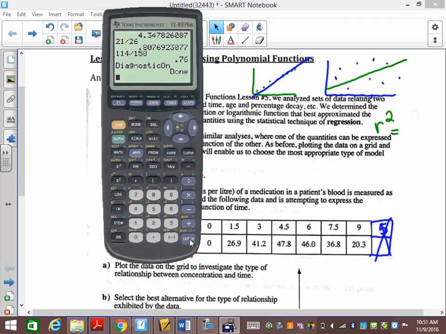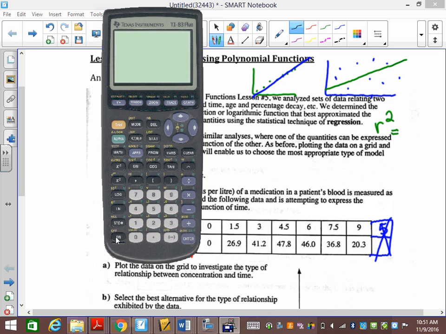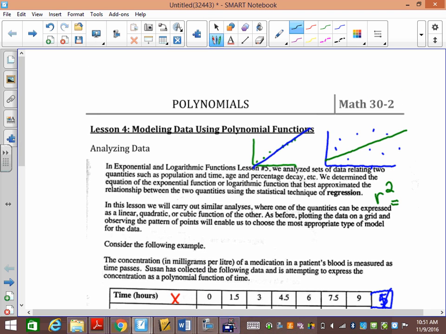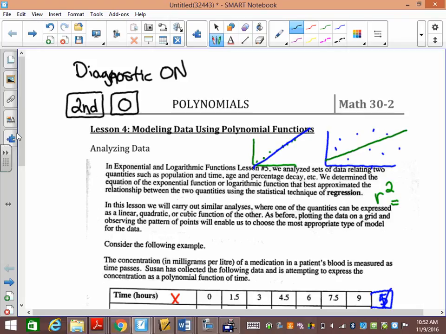Oh, I found it. So on your little sheet, your calculator cheat sheet that you're not going to get on the test, but you can study from, at the very top of it, I would put how to turn diagnostic on. What I'm going to do is I'm going to go second, 0. Then I'm going to go all the way down to diagnostic on.